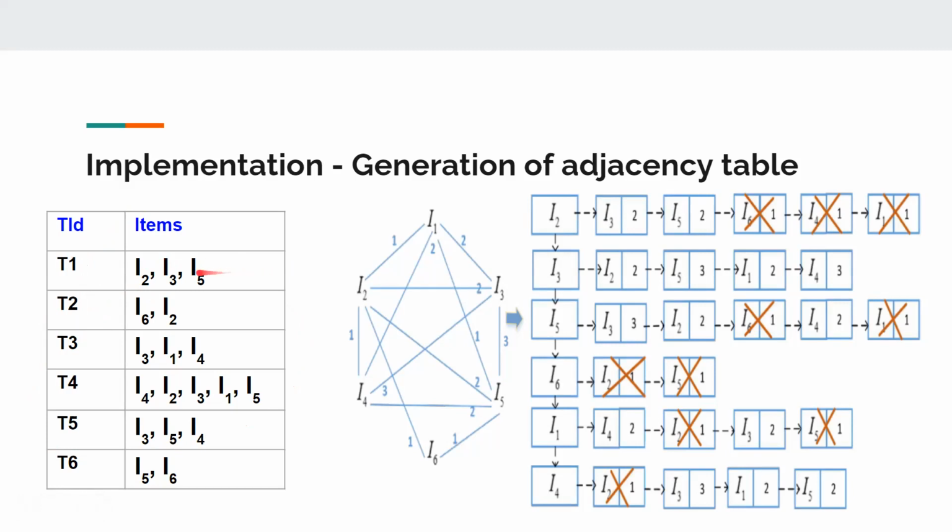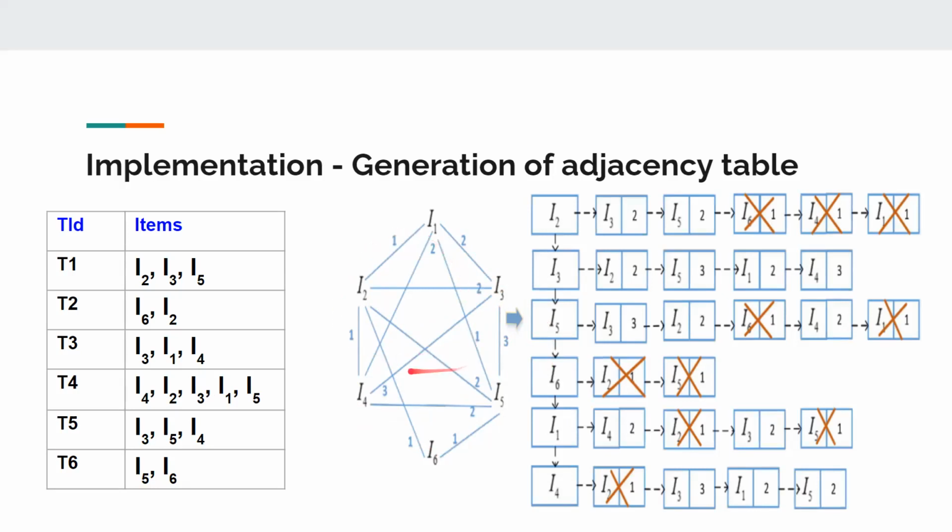For example, I2 is related to I3, I3 is related to I5, I6 is related to I2, and I3 is related to I1. Every time, we add 1 to the weight of the edge, so once the same two items are associated, the weight of the edge is incremented by 1. You can see that for a few connections the weight is more than 1, or 2, it is 3.